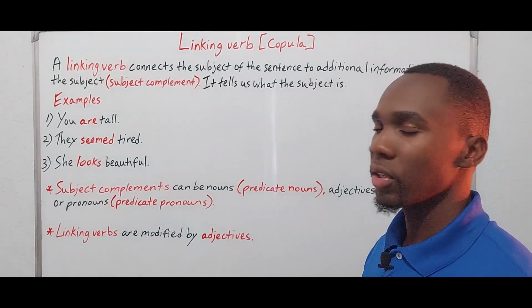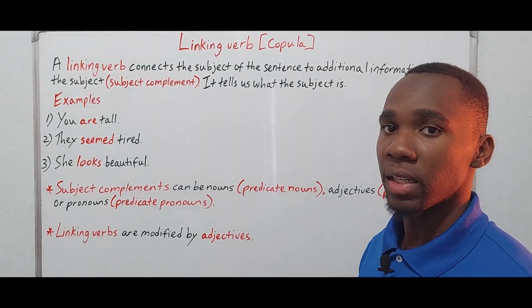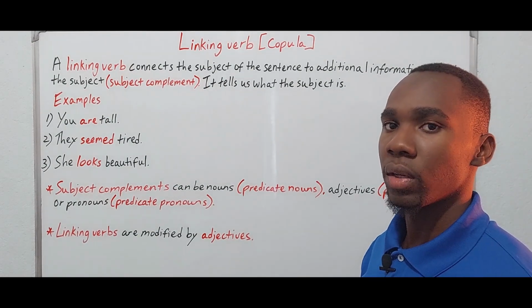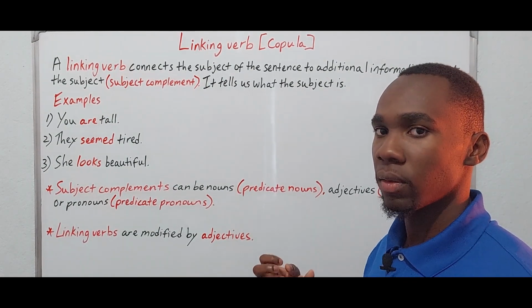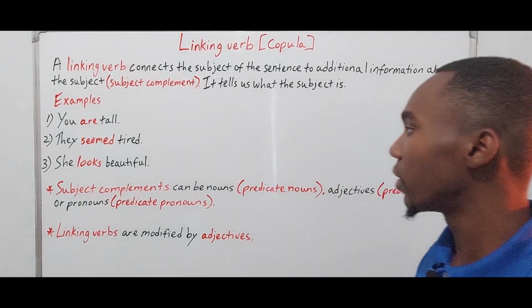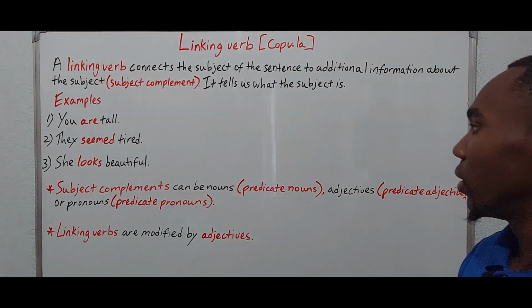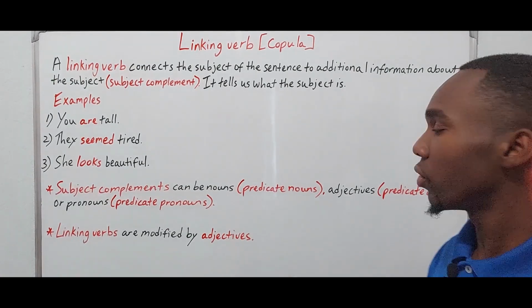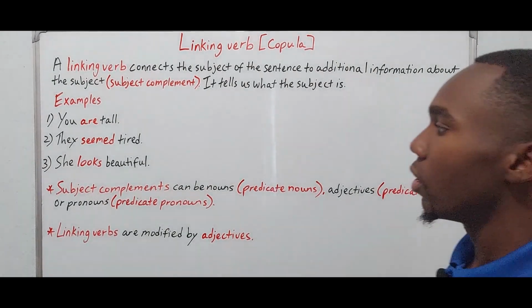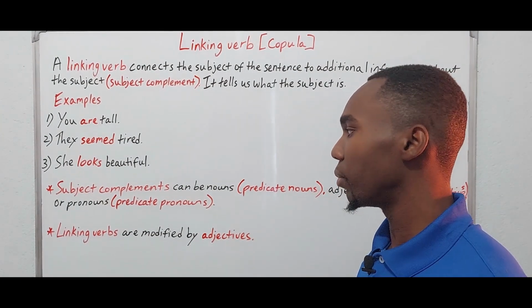So remember I told you that subject complements would be additional information about the subject. So let's see what could constitute a subject complement. Subject complements can be nouns, which we will call predicate nouns, adjectives, which we will call predicate adjectives, or pronouns, which we would call predicate pronouns.